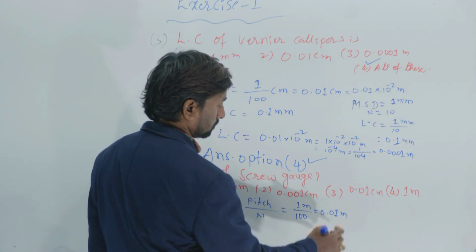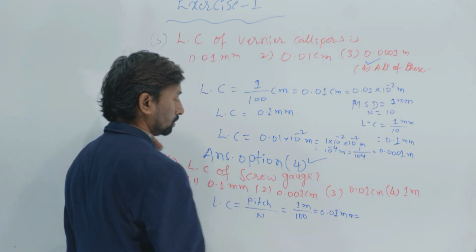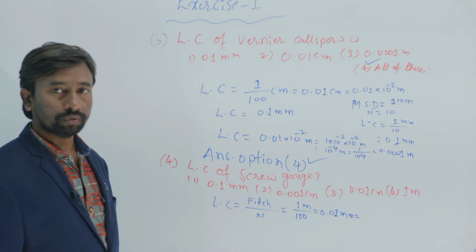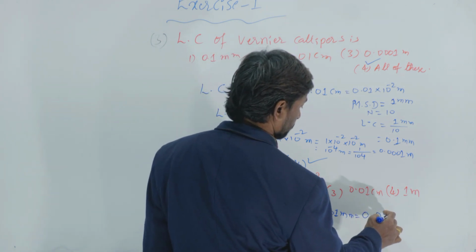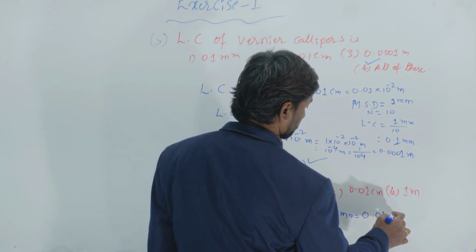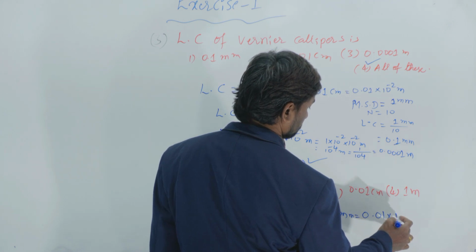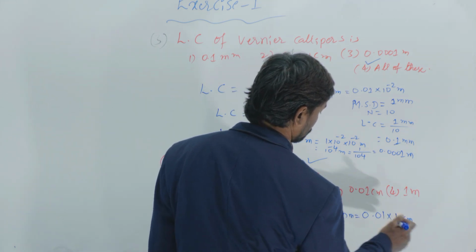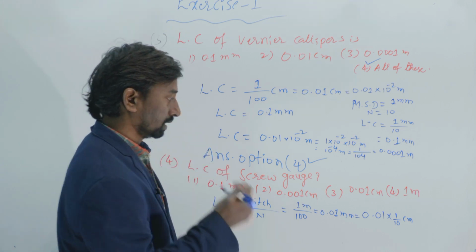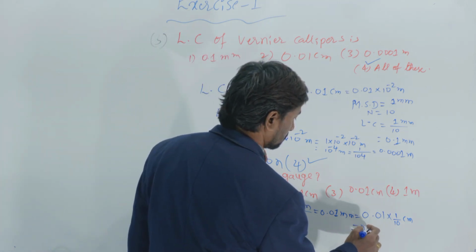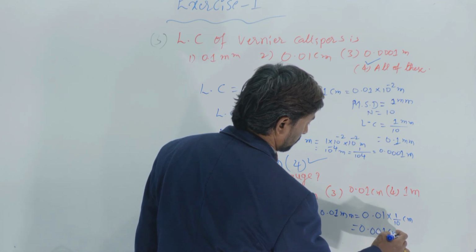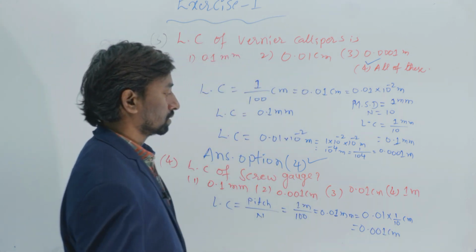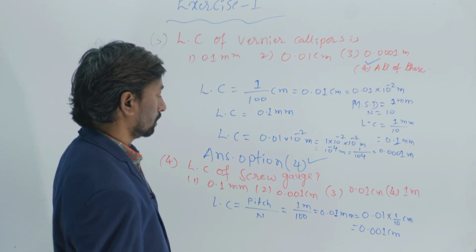Converted into centimeters, 1 millimeter is 0.1 centimeter, so we get 0.001 centimeters.